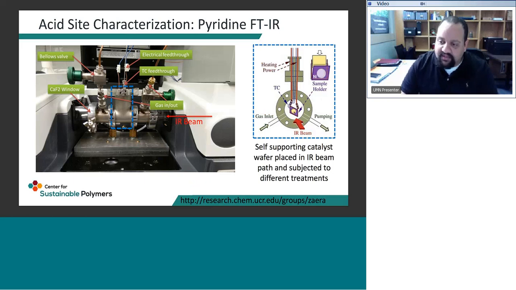It's placed in a sample holder which can be heated and controlled, and you can pump down this chamber under vacuum. It's placed in a perpendicular fashion to the IR beam, which comes out from your IR source and goes to a detector. From there, you get a spectrum in the infrared range, and you can tell a lot about what's going on at the catalyst surface.